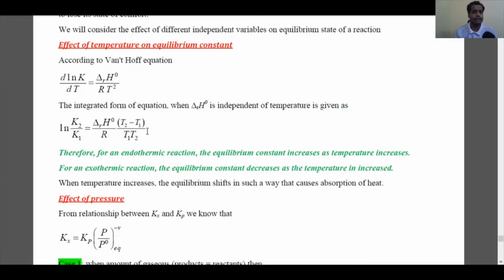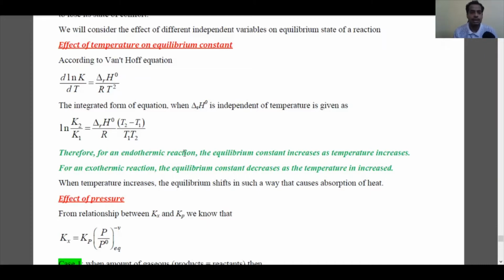This integrated equation is applicable when the reaction enthalpy at standard state is independent of temperature, and we will assume that. So we will use these two Van 't Hoff equations to understand the effect of temperature on the equilibrium constant.